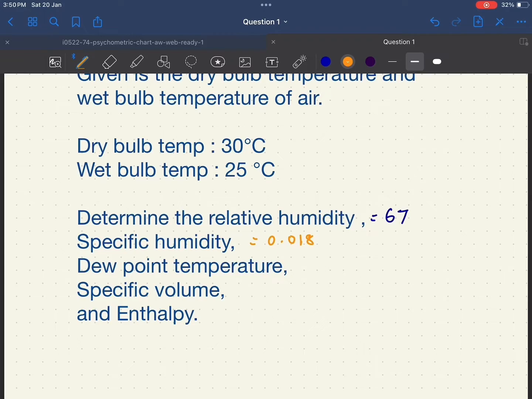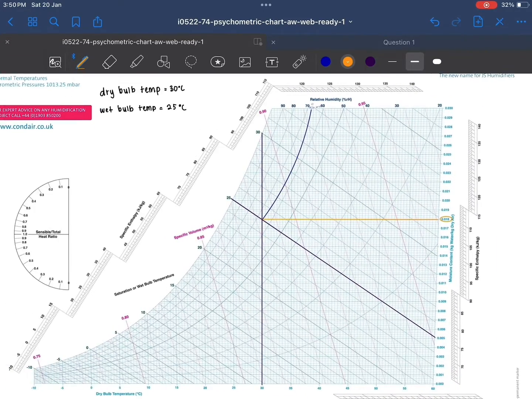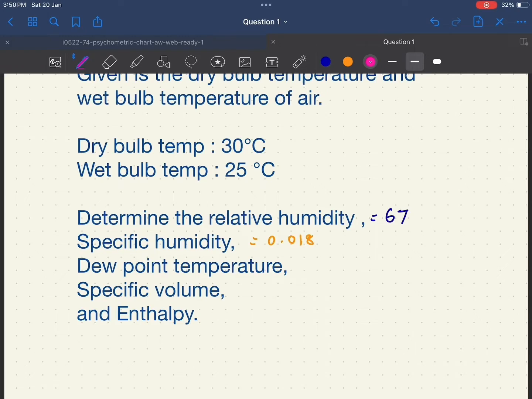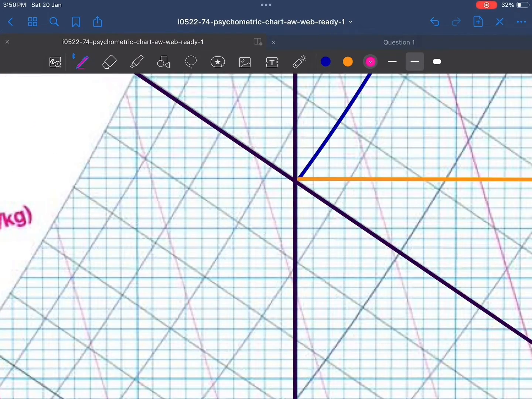Now find the dew point temperature. From the intersection, draw a line to the left. Okay, draw the line. I'm going to use pink color here.